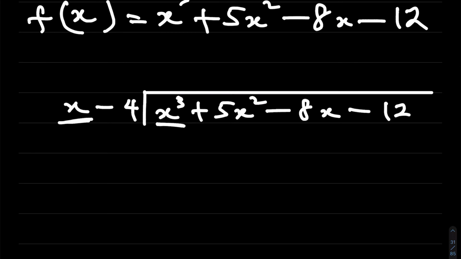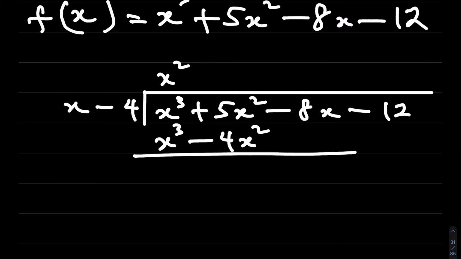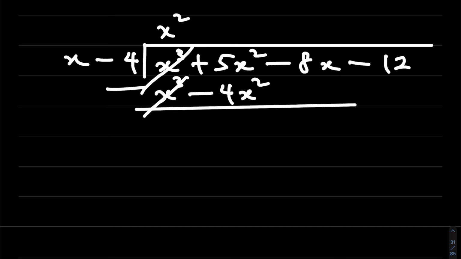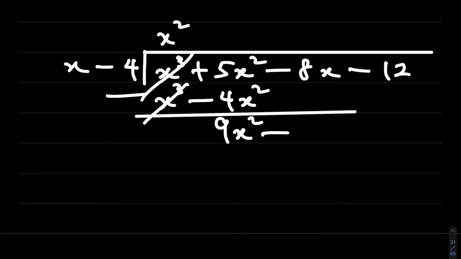X cubed divided by x is x squared, and we multiply as usual: x cubed minus 4x squared. We subtract. X cubed minus x cubed is 0. 5x squared plus 4x squared is 9x squared. Bring down the next term, and we go again.